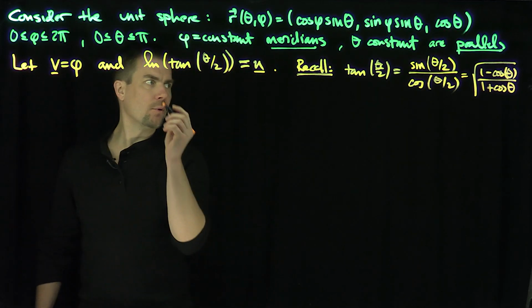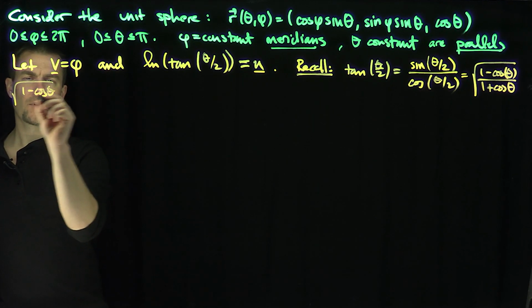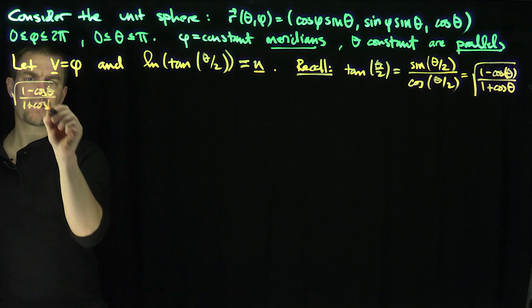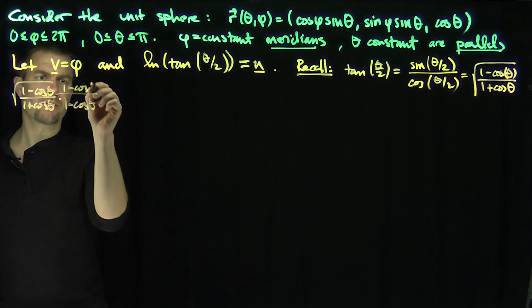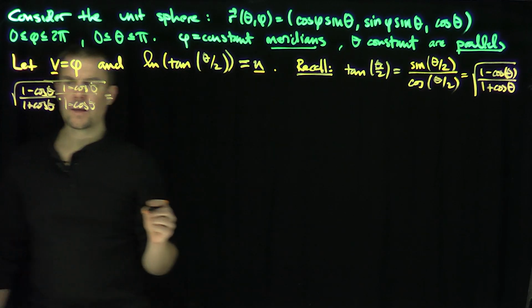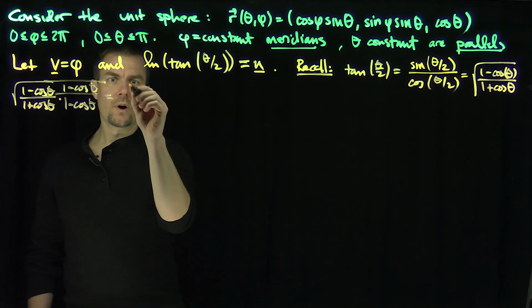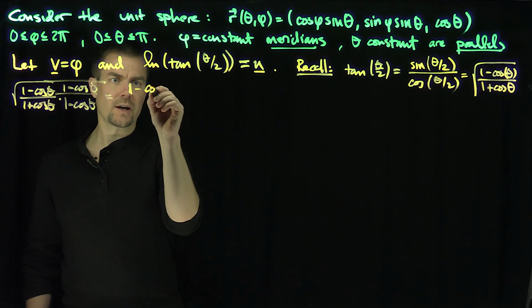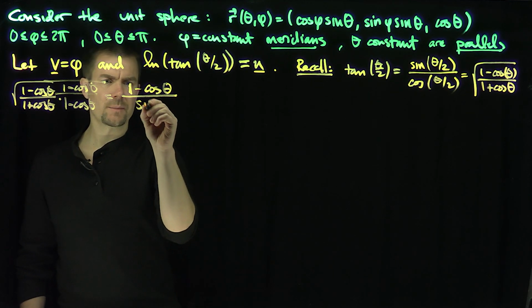So if we do so, what will happen over here? That becomes 1 minus cosine of theta over 1 plus cosine of theta times 1 minus cosine of theta over 1 minus cosine of theta. So now the bottom becomes sine squared, and the numerator becomes just 1 minus cosine of theta, so we get 1 minus cosine of theta over sine of theta.